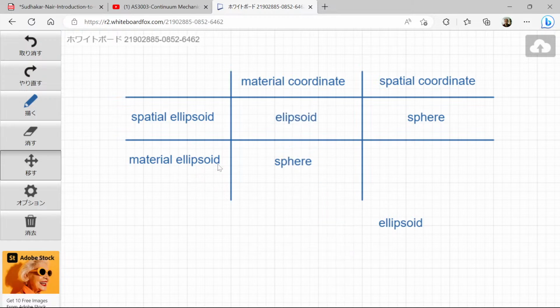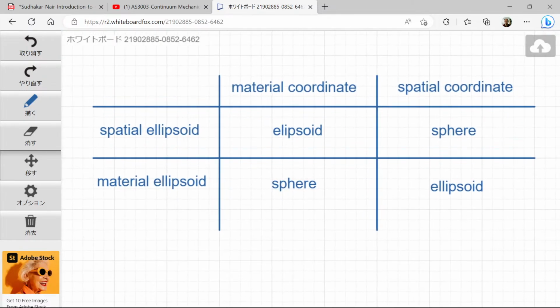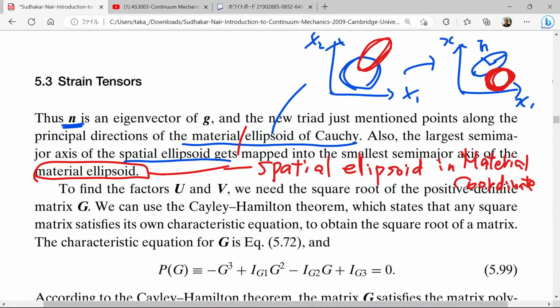Yeah, the material ellipsoid in spatial coordinate is an ellipsoid. This is what I think. Am I correct? So what I say is here. Semi-major.